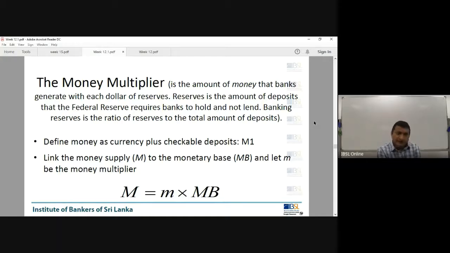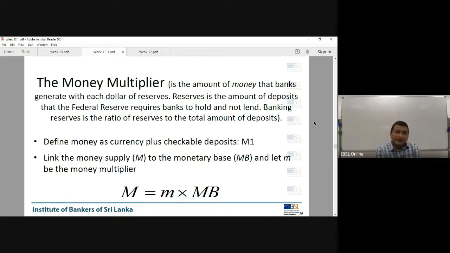Now you define this money as currency plus checkable deposits and recognize it as M1 for easy understanding. Okay. So the so-called money supply, M, now we are trying to recognize it in the form of the monetary base. You know what the monetary base is.